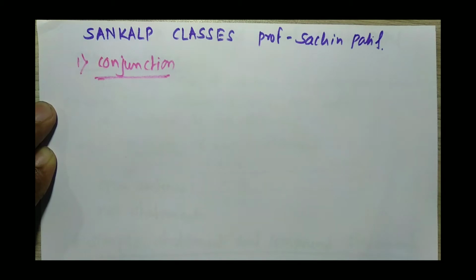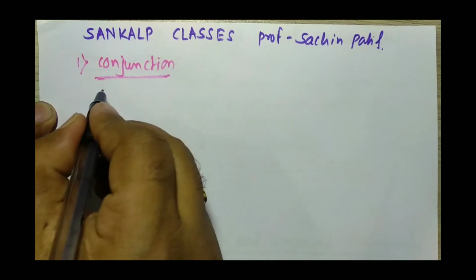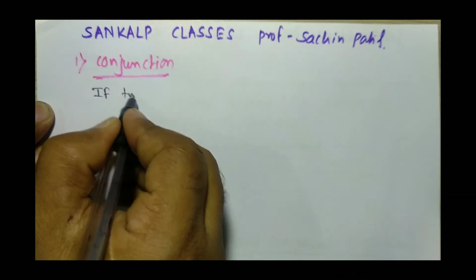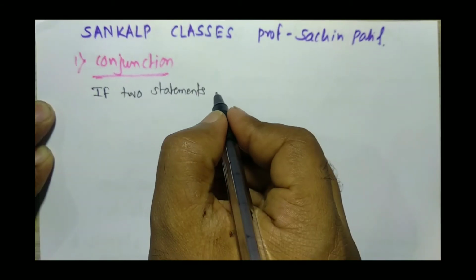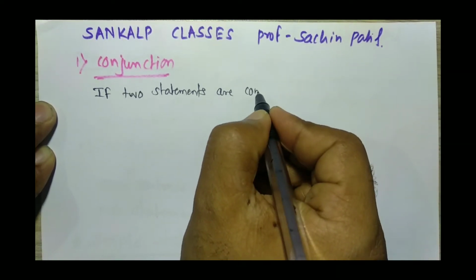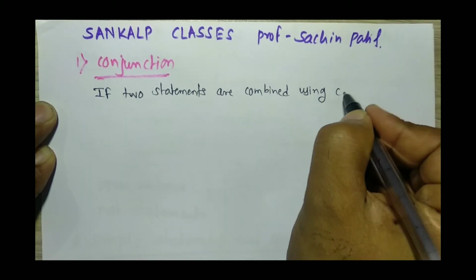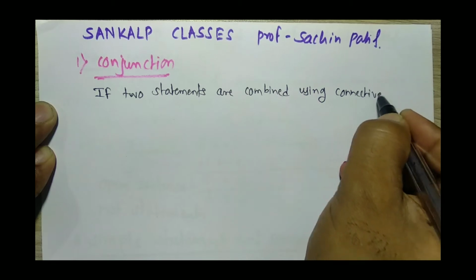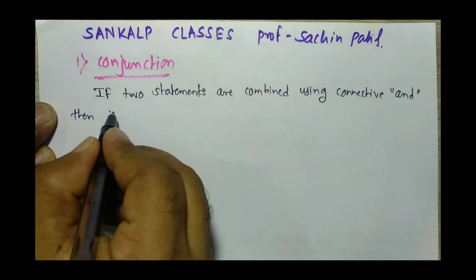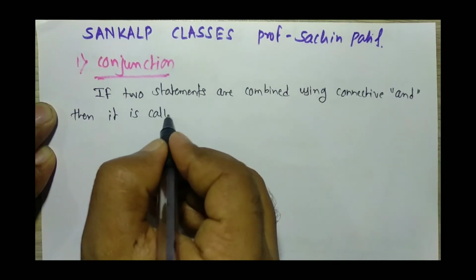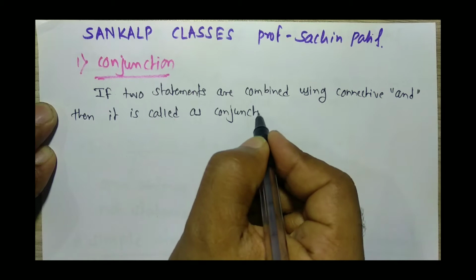We know that statements are denoted by small letters. If two statements are combined using the connective "and", then it is called a conjunction.